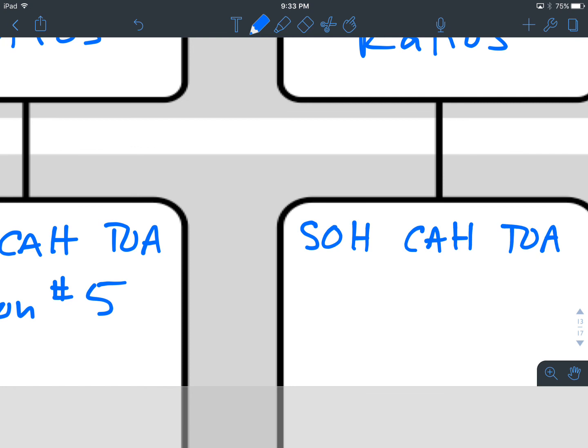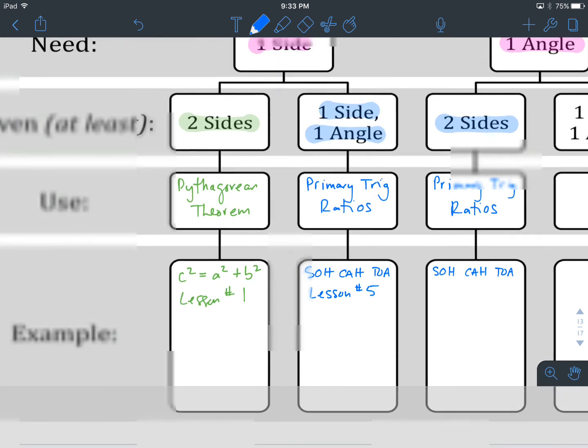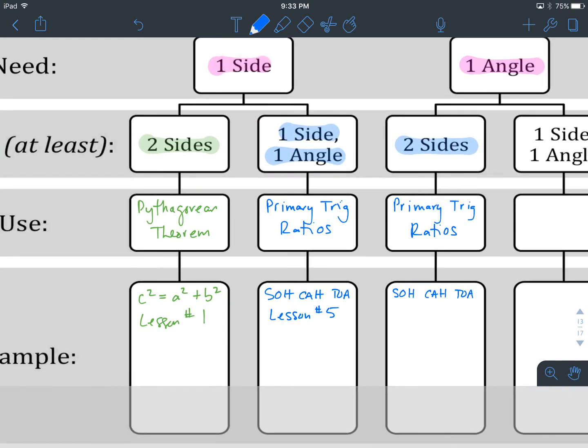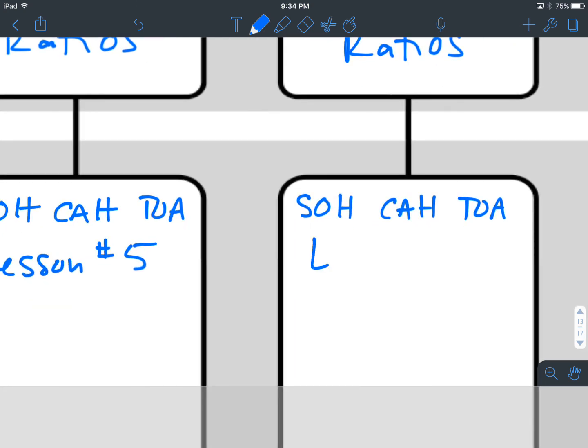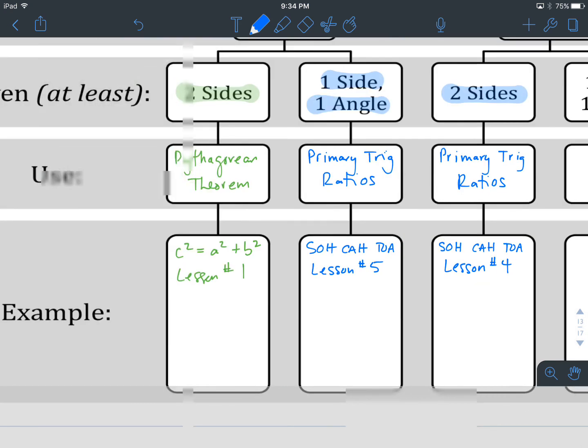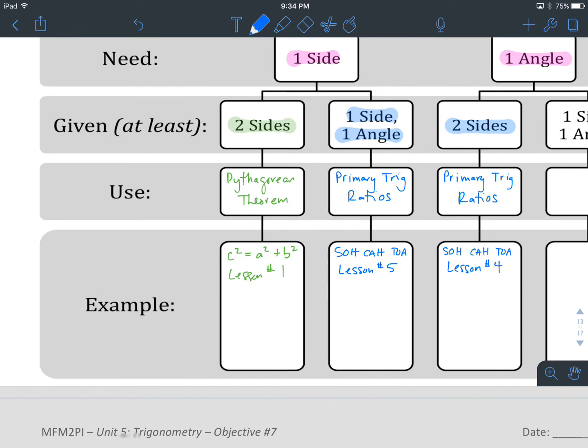And that was from, let me think about it. So we want an angle and we've been given 2 sides, so that is going to be lesson number 4. So again, head back, fill out an example here that helps you find an angle, something that you need when you've been given 2 sides.